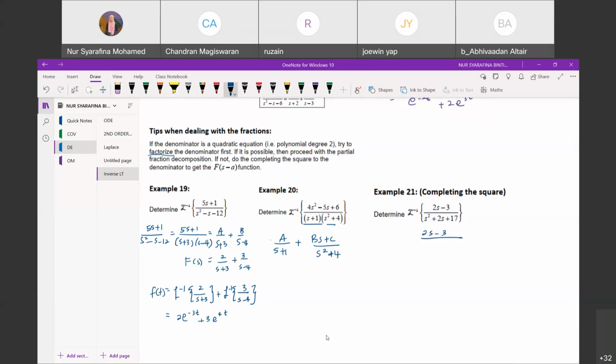This one, by completing the square, we can have s plus 1 squared plus 16. And then map to Fs minus a here. Okay, try to find the inverse transform of these two examples. Let's try these two examples, whether you can do it or not.